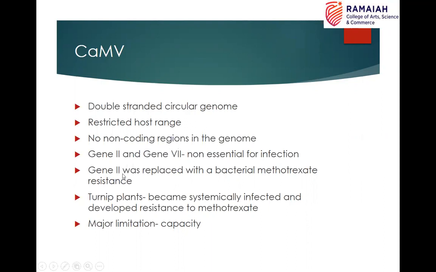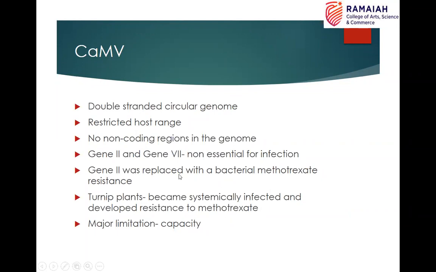The gene 2 was replaced with the bacterial methotrexate resistance gene, and the host plant they selected was turnip plants. So when such an experiment was done on turnip plants, not only did these turnip plants become systemically infected, in the sense that the virus which infects the plant spreads to all the cells, they also developed resistance to methotrexate when it is applied in the form of spray.